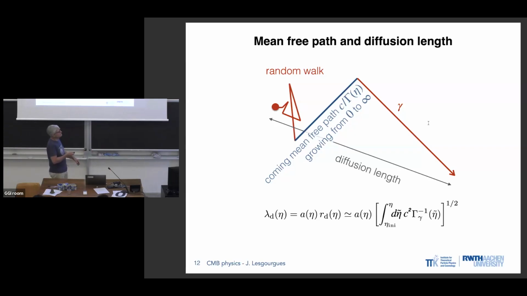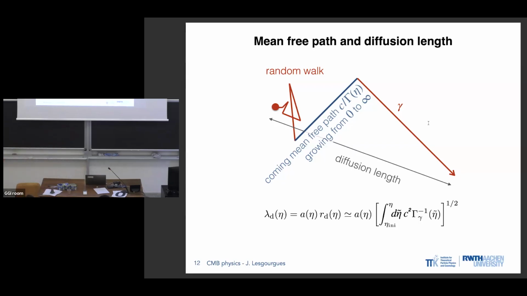And at some point, the photon has its last interaction and starts to propagate in a straight line indefinitely, or maybe until it reaches the detector of a human CMB experiment or something like this. So the mean free path is given by the speed of light divided by the interaction rate, and this is a quantity that goes from 0 to infinity.